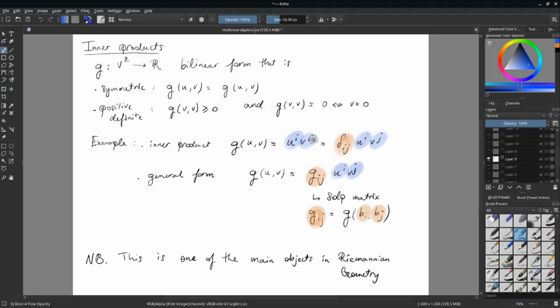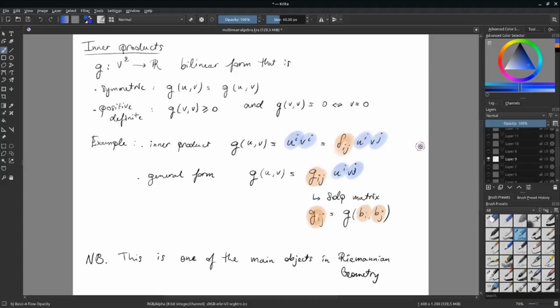So the classical example is simply the inner product in the basis, and so that's just the sum of ui vi. So remember, it's a sum, and if you want to be precise about it, we have to add this Kronecker delta ij, but covariant in this case. So that amounts to taking this sum.